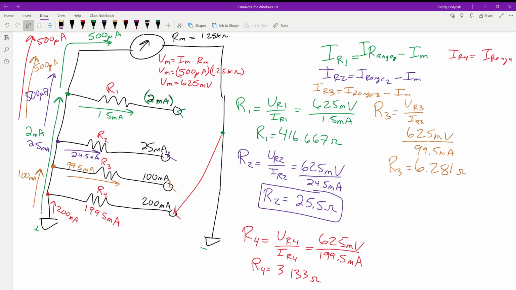So this is a shunt meter. Next week we're going to be doing a universal shunt meter, which basically has a built-in protection. So even if the branch was to open, it's still going to limit our current from getting to our meter, which is going to be nice because it's going to keep it from blowing up, just damaging it.